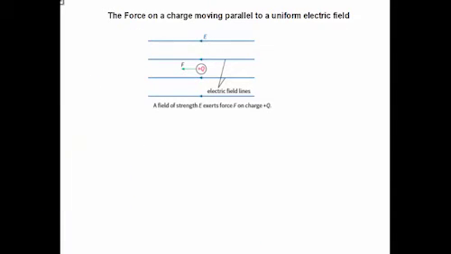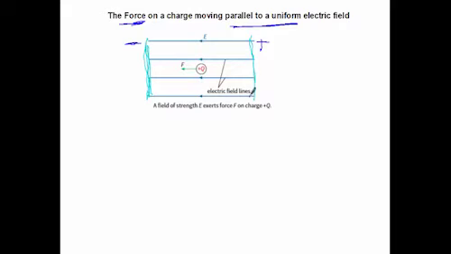Now this is again the force on a charge moving parallel to a uniform electric field. Just now we have seen the example, the question before. We have electric field to the left, so this means it's going from positive to negative. Okay, so this is our plate here, which has positive charge. Here we have a plate which has a negative charge.